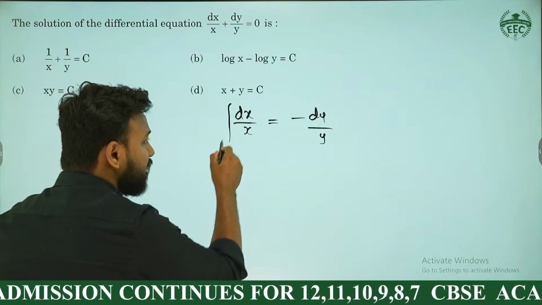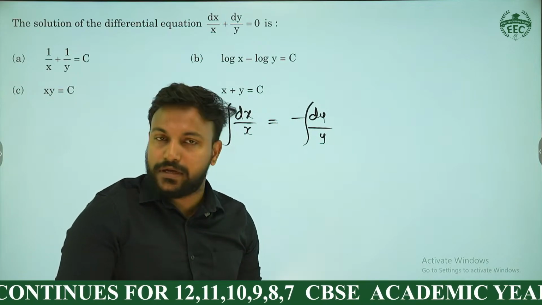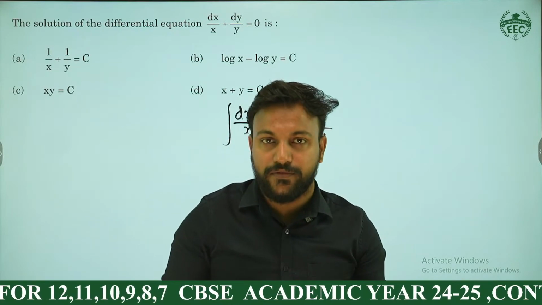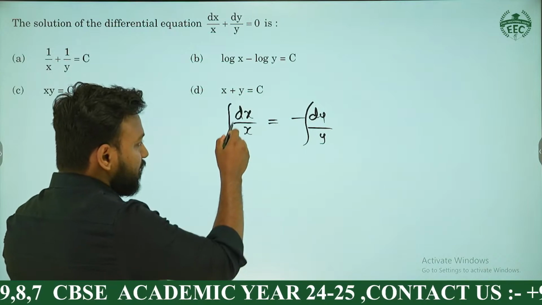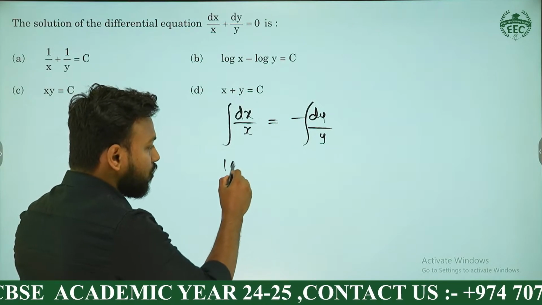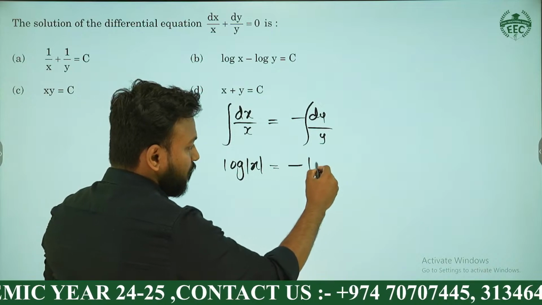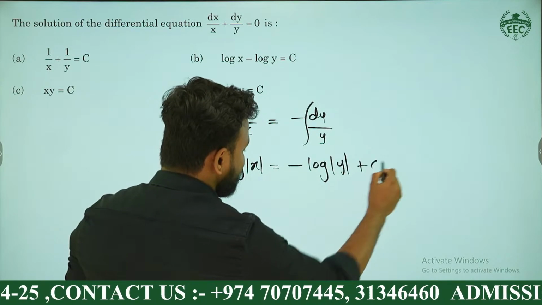And I'm going to integrate both sides because integration is the inverse process of differentiation, and we can cancel off the derivatives by integrating both sides. So what you will get? Integral 1 by x dx is log mod x, which is equal to negative log mod y plus c.